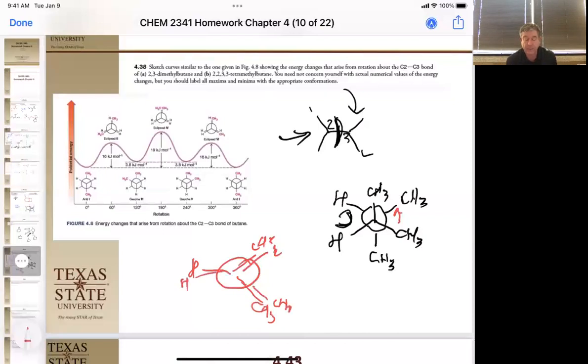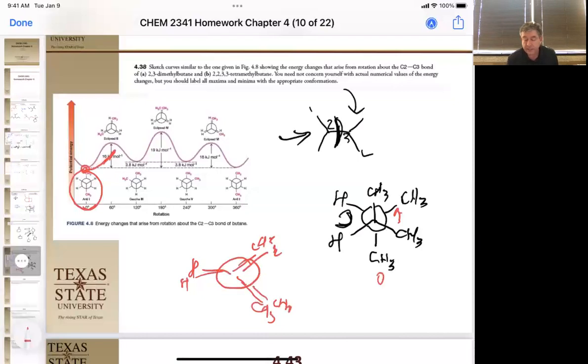So what's happened here? Did we go up in energy or down in energy? Well, we're having the methyl groups butt up against each other. So this one, we're going to start it as 0 right here. We started at some energy in this configuration, and we've gone up in energy because we've got into this eclipsed position.